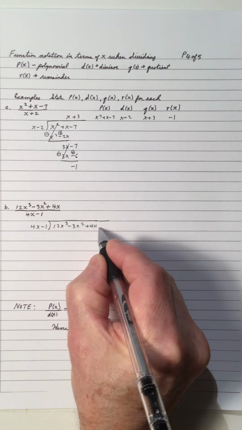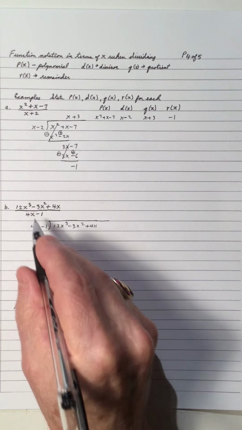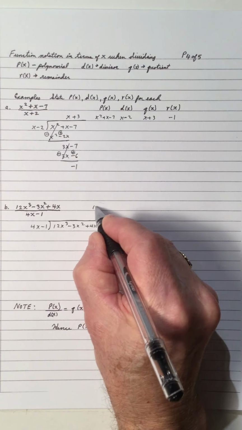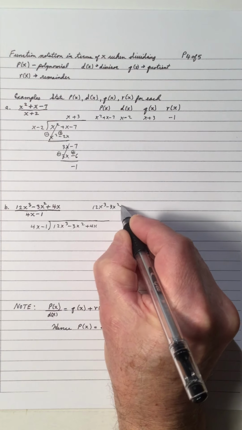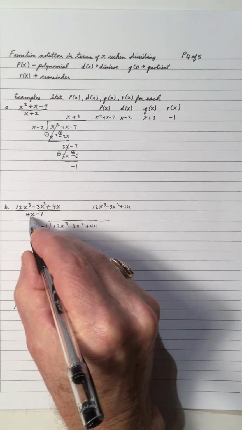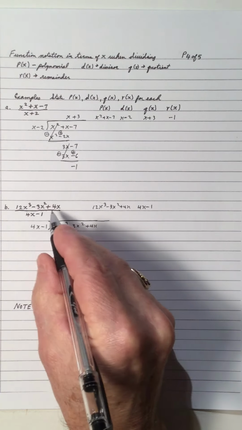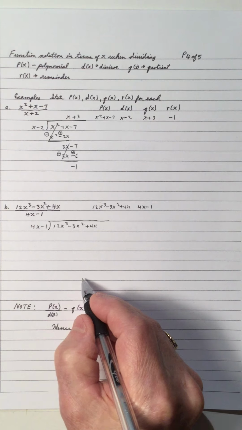Notice now we have no constant here. So this is the polynomial. So the polynomial in this one is 12x cubed minus 3x squared plus 4x. The divisor is 4x minus 1. So when we divide, we get the quotient, which is up here. We get the remainder, which is down here.